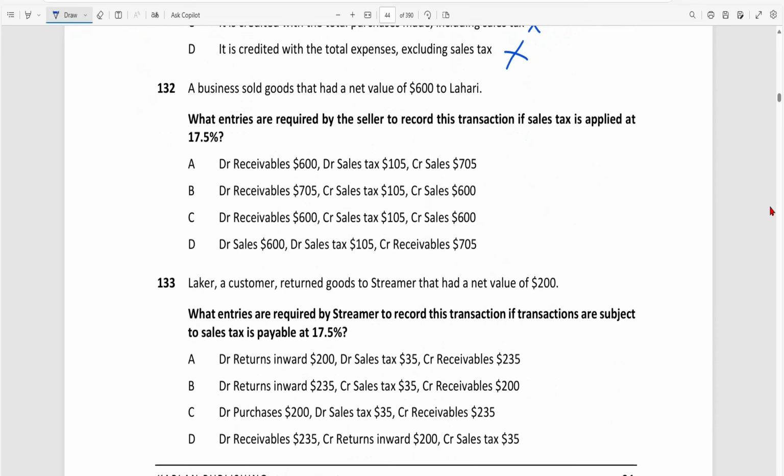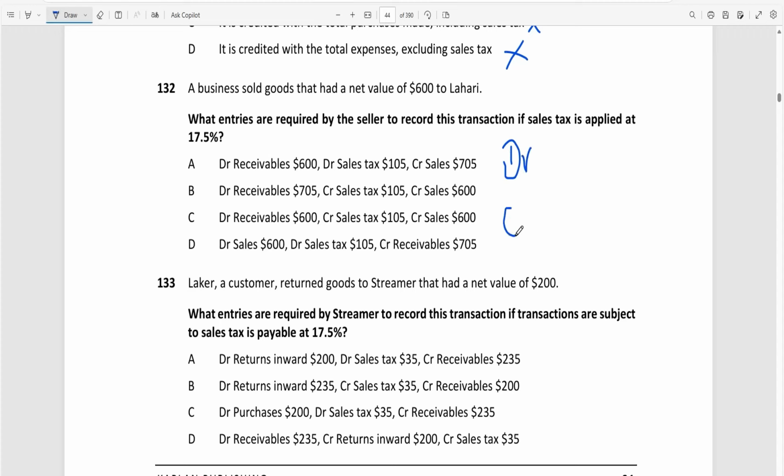A business sold goods that have a net value of $600 to Lahari. What entries are required by the seller to record this transaction if sales tax is applied at 17.5%? Just forget the sales tax for now. If the sales transaction has been incurred, what will be recorded on the debit side and what on the credit side?